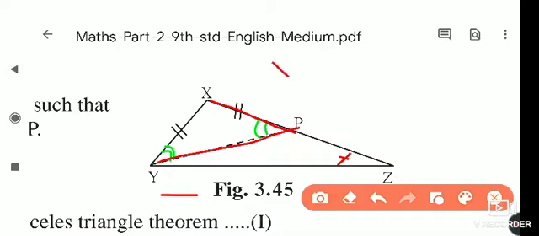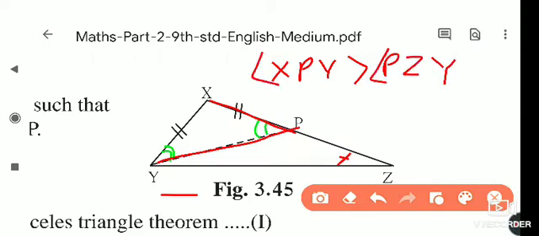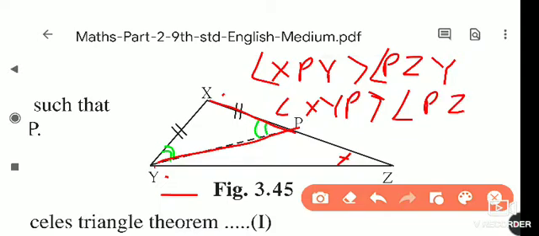But this xpy is congruent to which angle? Angle xyp, because these are the base angles of the isosceles triangle. It is also greater than angle pzy.